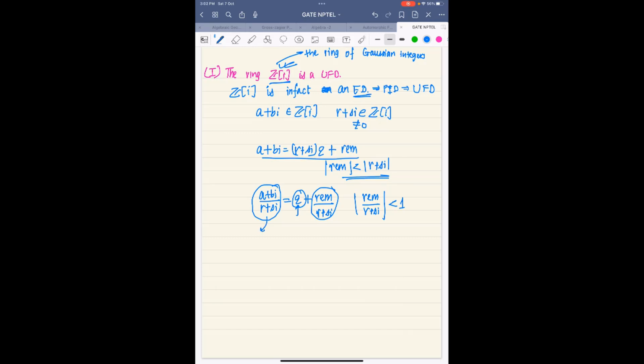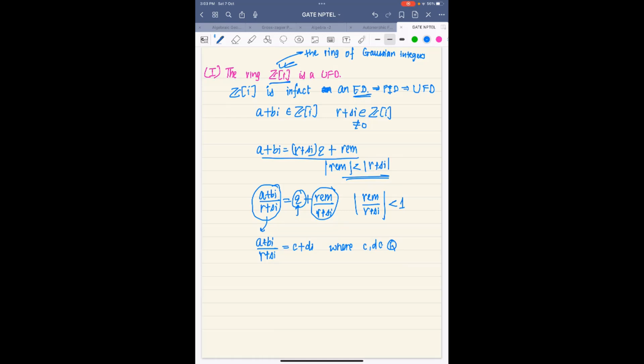A plus Bi over R plus Si can be written as C plus Di, where C, D belong to Q, because we can rationalize this fraction and get an expression in this form.